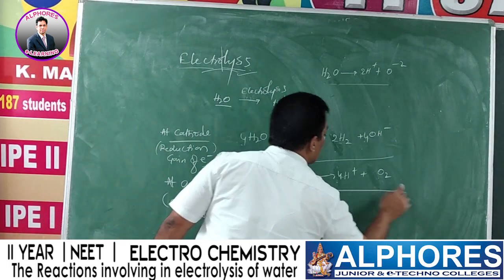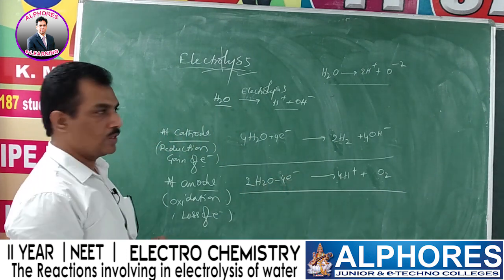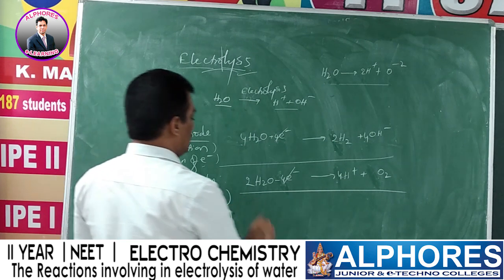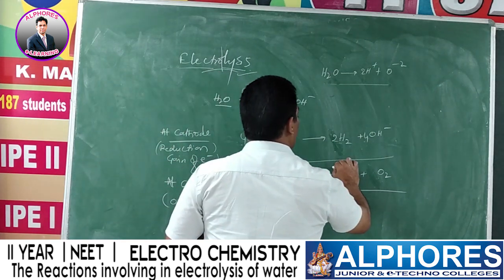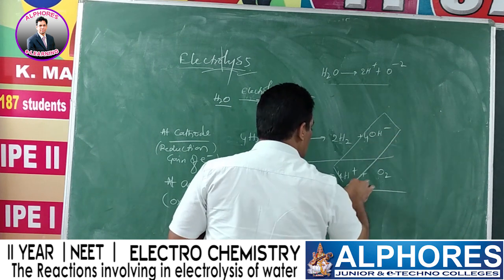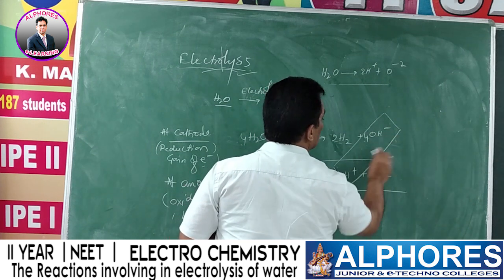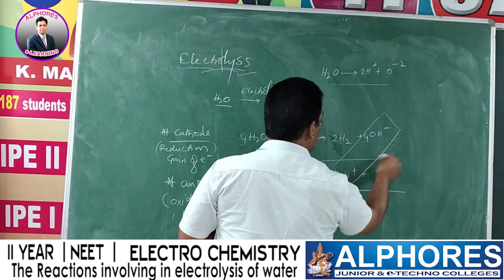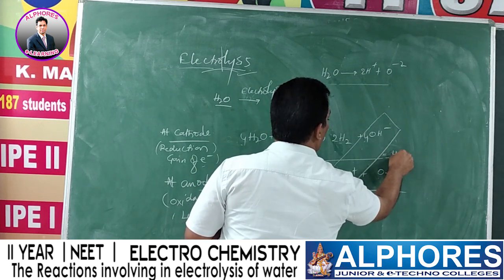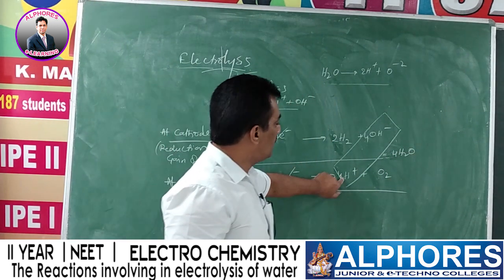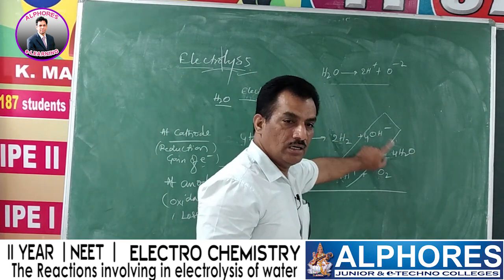Now let us consider the total reaction that is happening, and the electrons are cancelled. Now here 4 H plus and 4 OH minus equal 4 H2O.